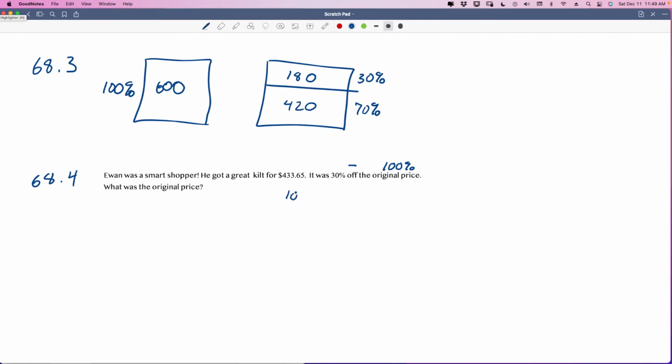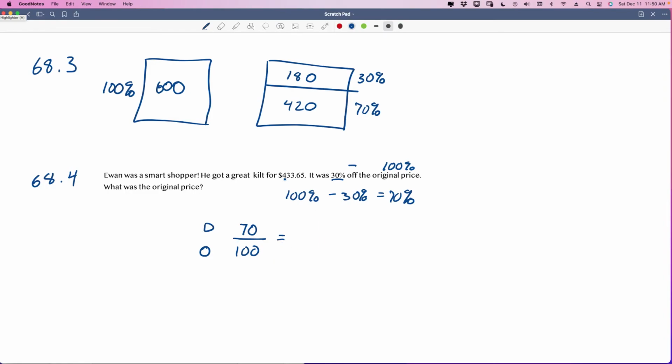So we're going to have 100% minus 30%. So he paid 70% of the total of the original price. So 70 over 100, 70% is what he paid. This is the original amount. This is the discounted amount.